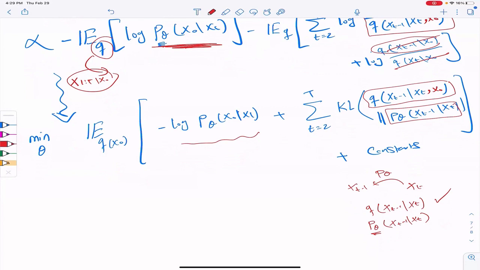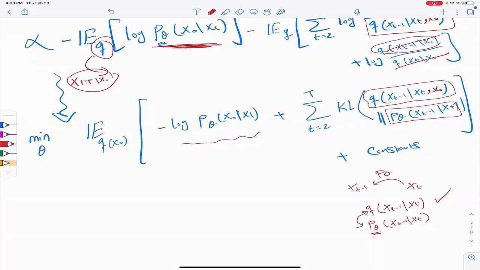So if you think about that intuition, you would maybe argue that, okay, maybe one loss function can be just look at the KL divergence between P theta xt minus 1 given xt, and Q xt minus 1 given xt, and maybe sum it up over different times. That would be like a heuristic loss function that you could use in order to approximately model Q and P sub theta to be close to each other.